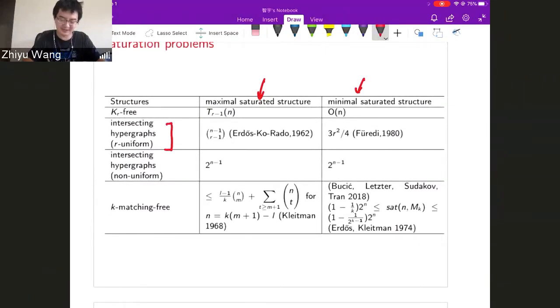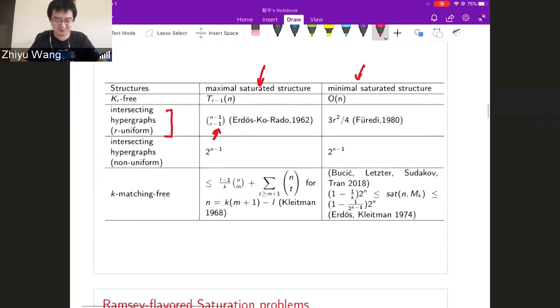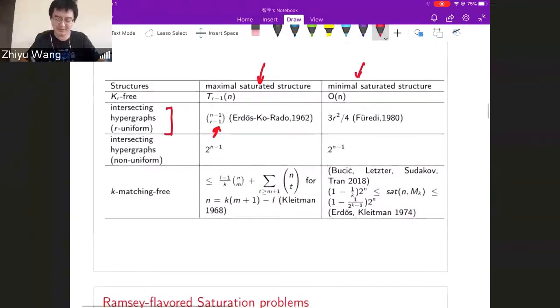Basically, the number is n minus 1 choose r minus 1, and the structure is that you put a single vertex which is shared by all the edges. So there are n minus 1 choose r minus 1 of them. In contrast, the minimal saturated structure in this case is very small. This is 3r squared over 4.